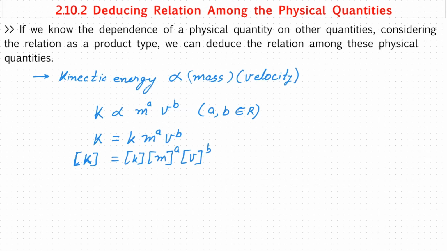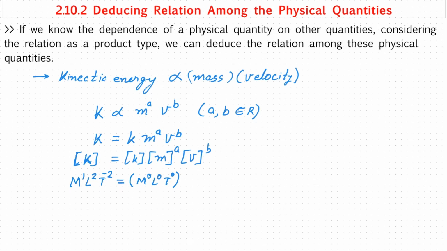Now the first is kinetic energy. See, kinetic energy is a sort of energy only, and the dimension formula for energy is M1 L2 T minus 2. Then comes small k, that is a proportionality constant. Now it is a constant and we are considering that it is dimensionless, so there will be no dimension, or at most we can put it like M0 L0 T0.